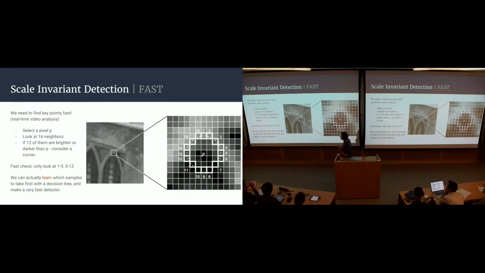Okay. The FAST key point extractor is fast. The idea now is that instead of working with convolutions, we work at a pixel level.